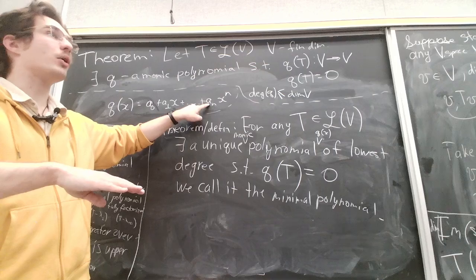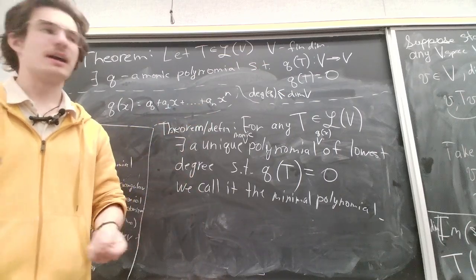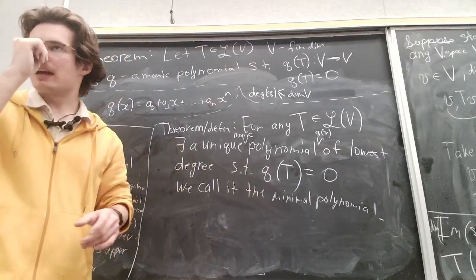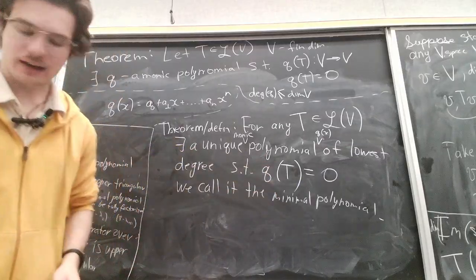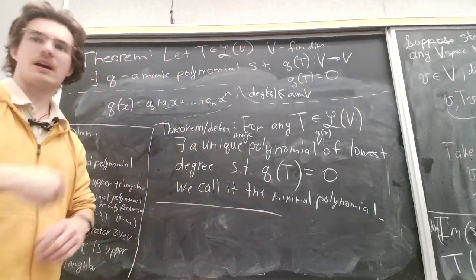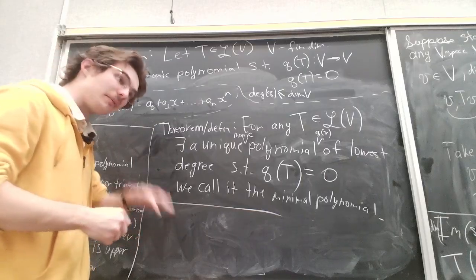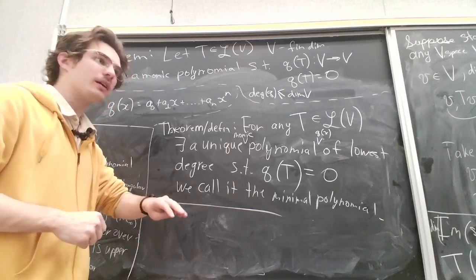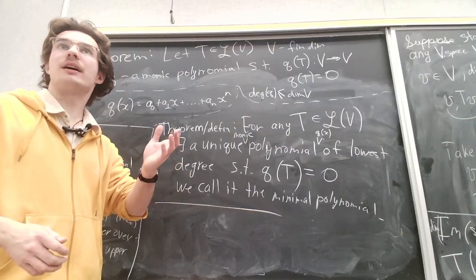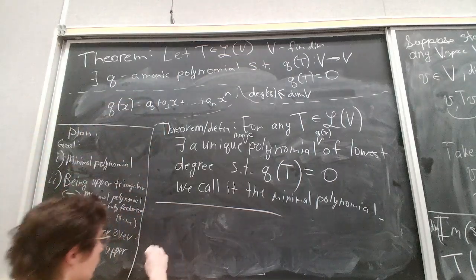And then you say, okay, suppose there were two distinct polynomials that were both monic, and both sent q of t to 0. Suppose there were two polynomials of the same degree, both monic, that both sent t to 0, but were different somehow. Call them q1 and q2.